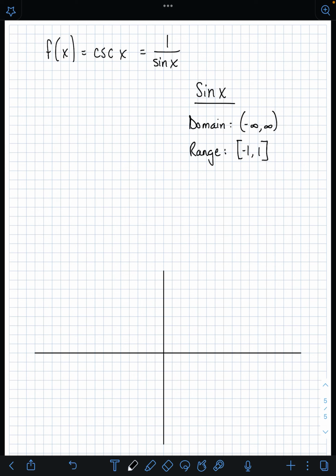But here's the important thing, looking at the output values of sine of x. If the output values of sine of x are all smaller than, or perhaps equal to, 1 or -1, then their reciprocals all have to be bigger than 1, or bigger than -1, just with a negative sign. So that tells us something about the range of cosecant x.